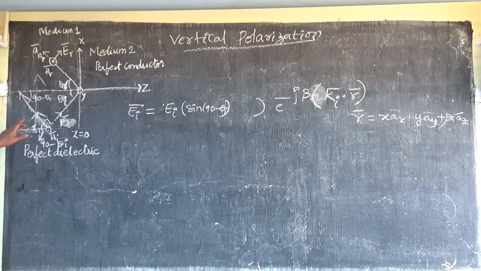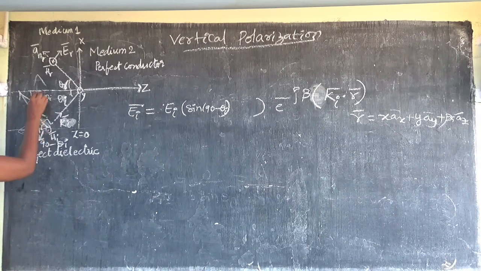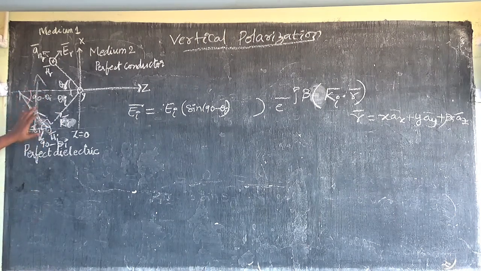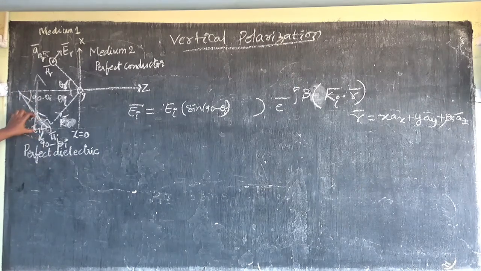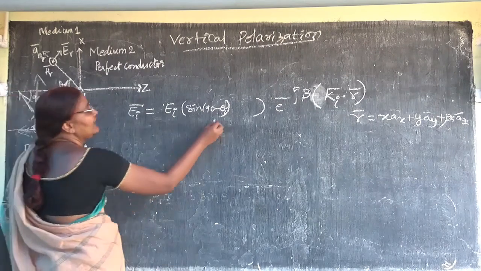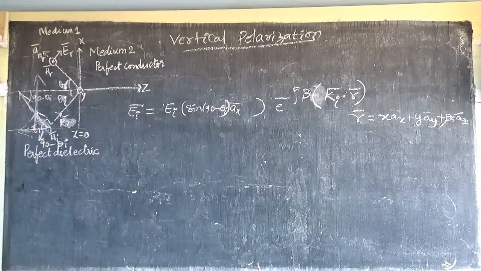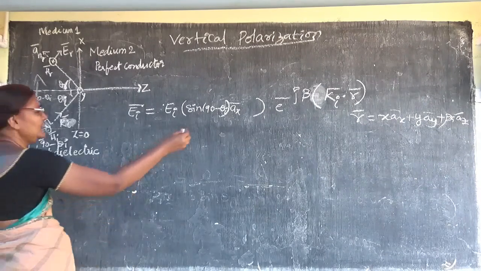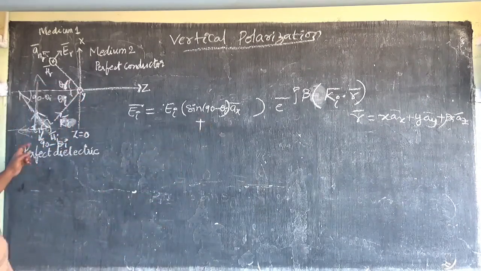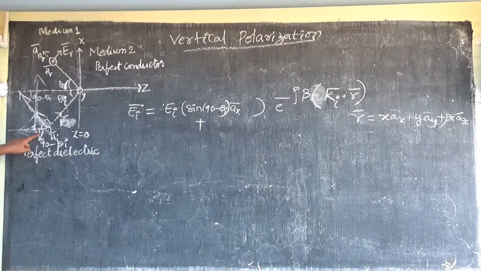So what is this? This is traveling along x direction. So what is this component? This component is going to be sin of 90 minus theta i along x direction. Next, what is the adjacent side for this?